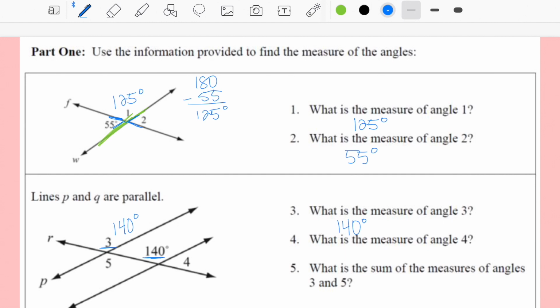To find angle 4, I see that the 140 degree angle and angle 4 form a straight line, which means they're supplementary. And supplementary means that they would need to add up to 180. So I can take 180, subtract away the 140 to get the leftover 40 degrees. That would be angle 4.